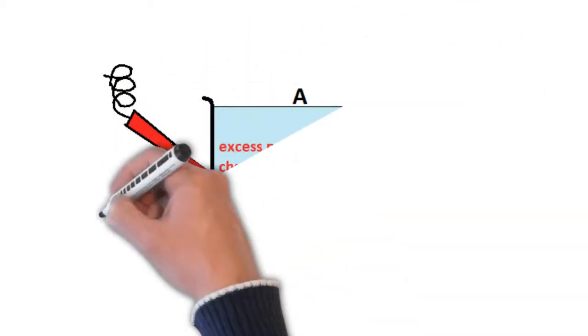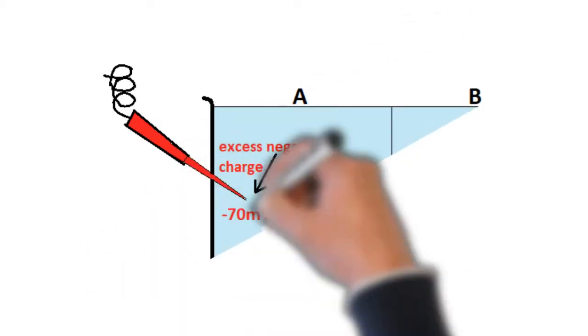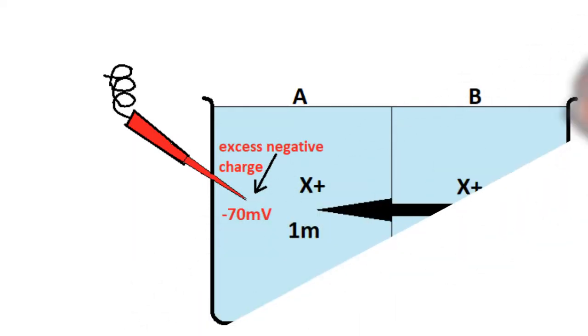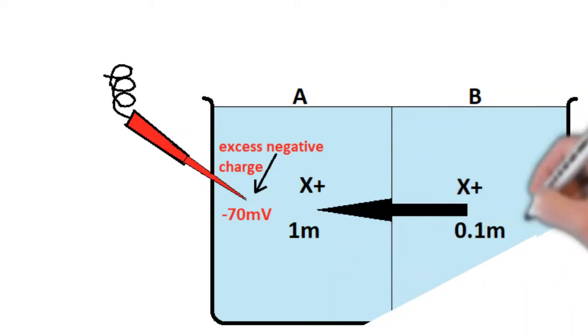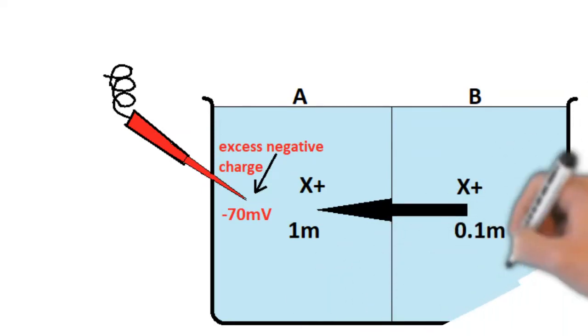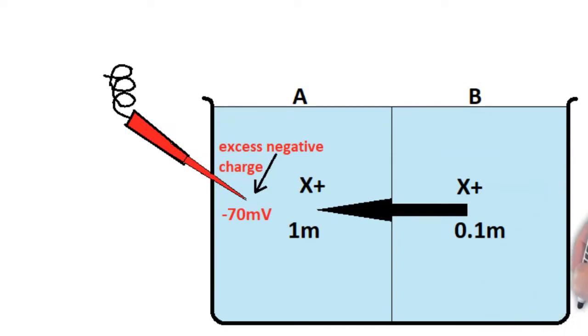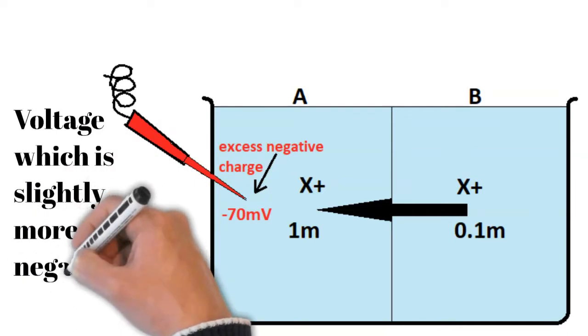Consider that we use a voltage of minus 70 millivolts on side A. Obviously, here we have more negative charge present than what is required to balance the excess cations. So due to this newer condition of excess negative charge, cation X will now start moving from side B to side A.